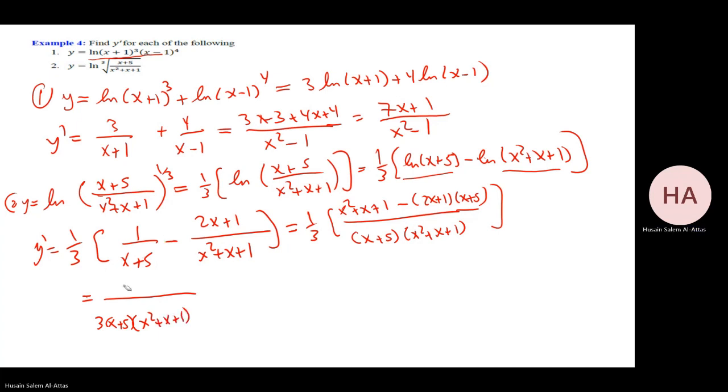Now I can do the calculation there. It will be x squared plus x plus 1 minus 2x squared, 10x plus x, minus 11x minus 5. That will be what? Minus x squared minus 10x, 1 minus 5, minus 4, over this.